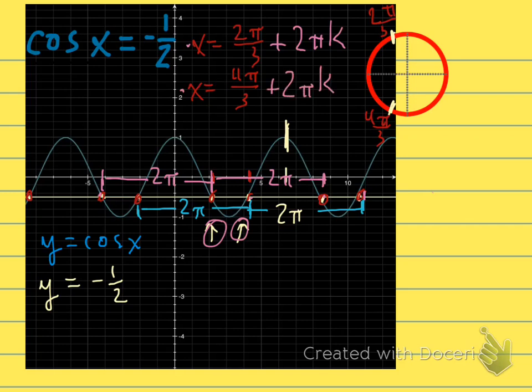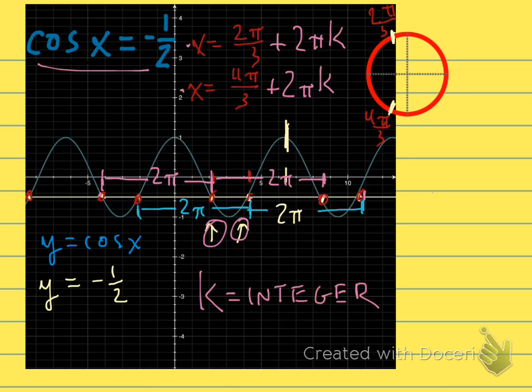And it is assumed that k is an integer, meaning that every time you multiply 2 pi by an integer and add that to our original answer, such as 2 pi thirds, we'll find another solution to this equation.